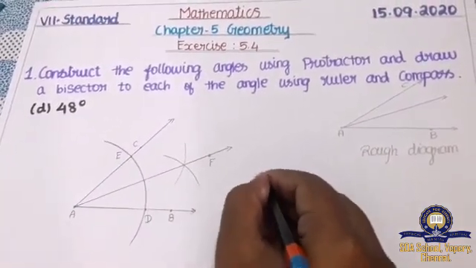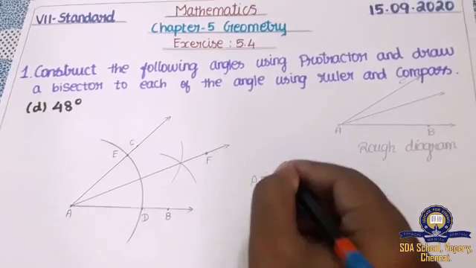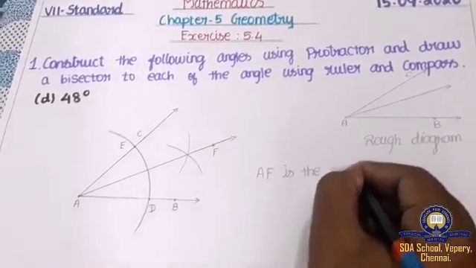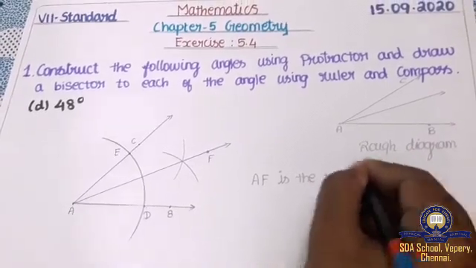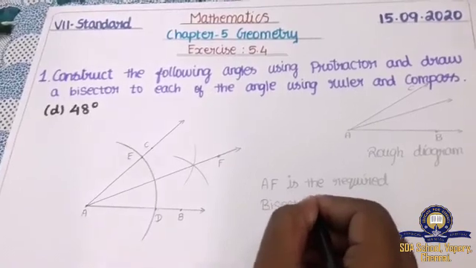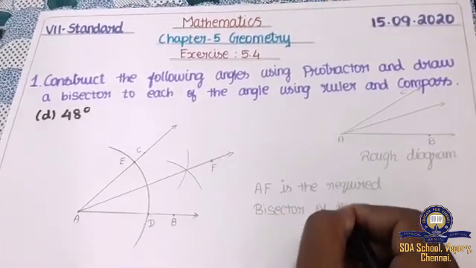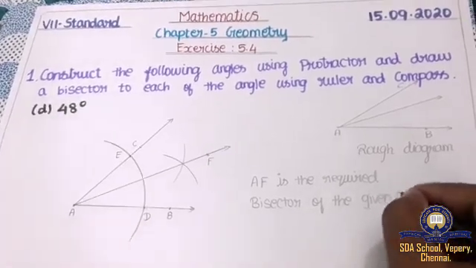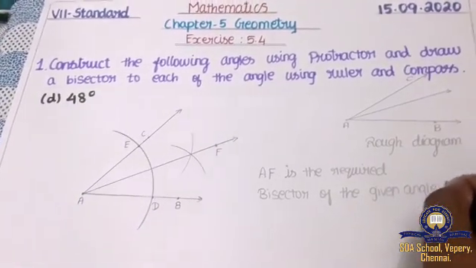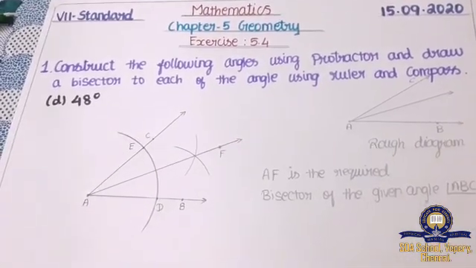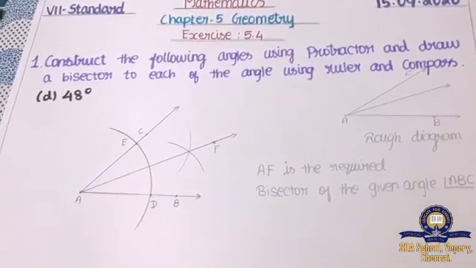Therefore, AF is the required bisector of the given angle ABC.